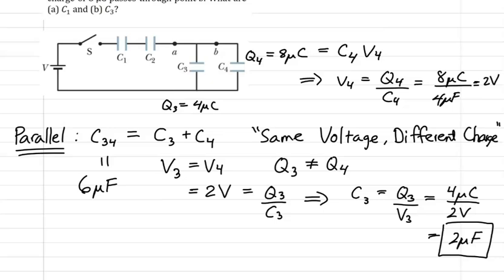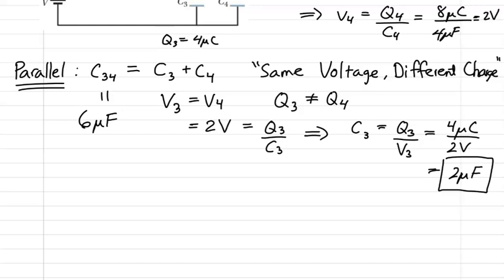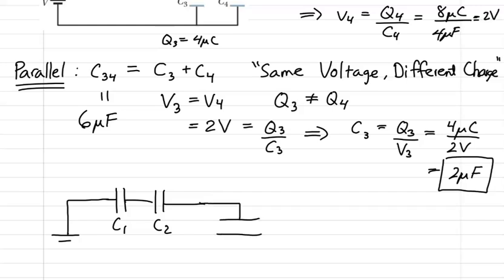Now, it's always a good idea to redraw the circuit so that it can be clear what's going on. So if I redraw the circuit, I will have V here, and then let's draw the switch in because it's closed, C1, and then C2, and then we're replacing 3 and 4 by 1 equivalent capacitor, and that's being called C34, which we already determined as being 6 microfarads.